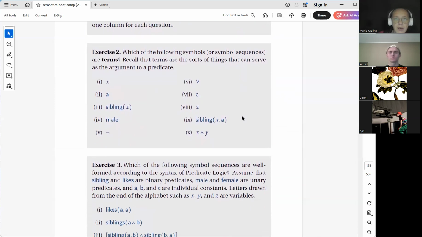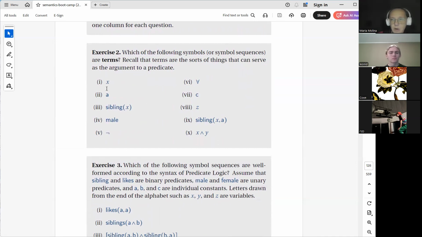Right. Okay, exercise 2. Which of the following symbols are terms? This is easy. Yeah, terms are things that can serve as the argument to a predicate.